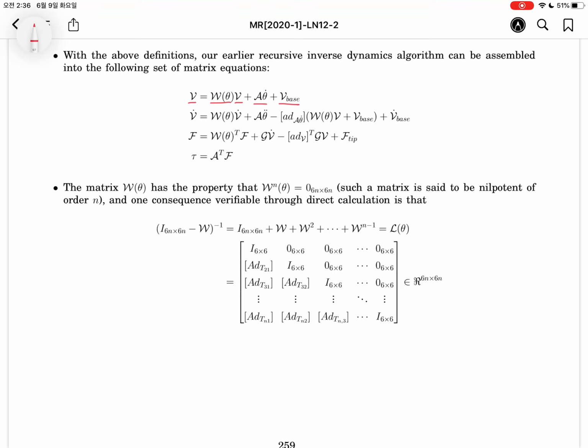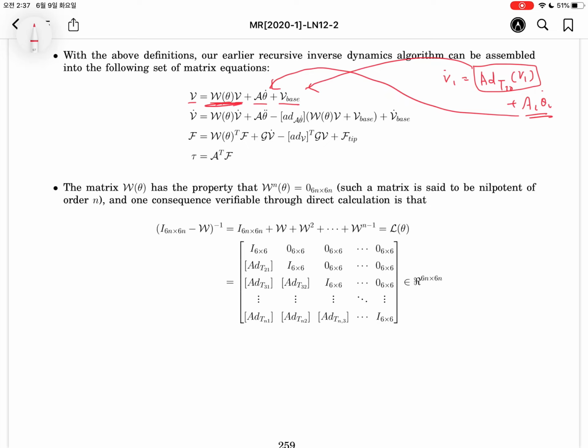Okay, one more. V1 dot is adjoint T10 V1 plus A1 theta1 dot. Okay, it will be collected into the V base. It is stacked here, but the first part will be 0 over this part.